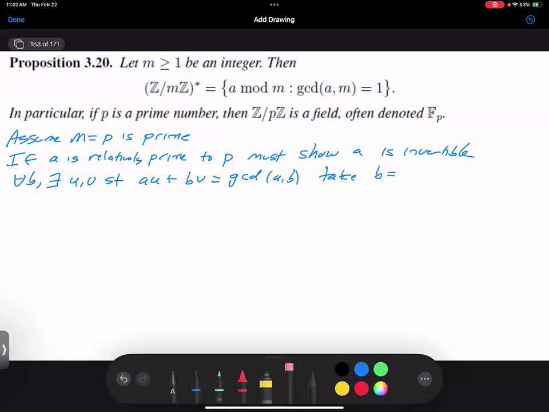Any thoughts? So we're looking at the case when M is a prime P, we're giving you some A. What would be a good choice for B? We don't have that many quantities in play. What should we take?